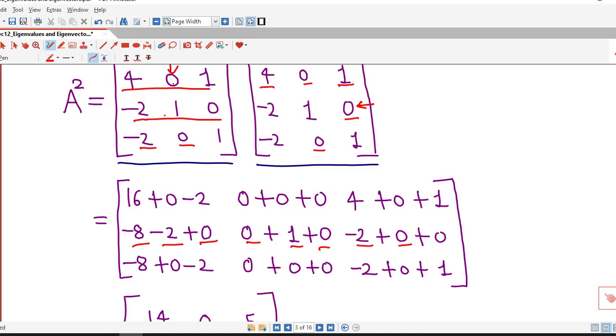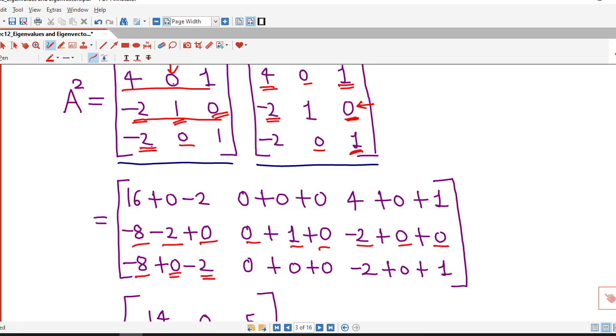So we are multiplying the second row with the third column. So minus 2 into 1, minus 2, 1 into 0, that is 0, and this 0 into 1, which is also 0. Then third row into first column, minus 2 into 4, minus 8, 0 into minus 2, 0, 1 into minus 2, which is minus 2.